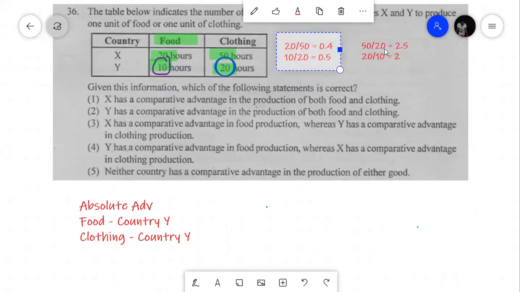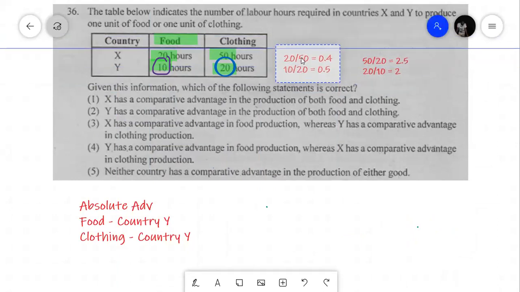Now compare this. It's not about just calculating this, right? If you take food, country X has an opportunity cost of 0.4 clothes, and country Y has an opportunity cost of 0.5 clothes. So who has the lesser opportunity cost? In other words, who has the comparative advantage for food?